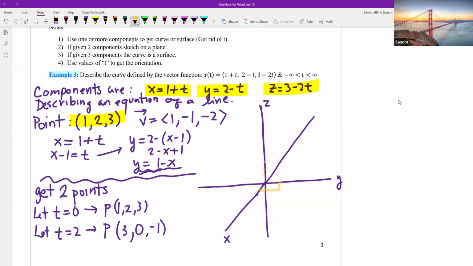So like about here, it's not exact. Then x will be 3, y will be 0, and z will be -1. So let's just say like about here. I'm going to connect the dots.